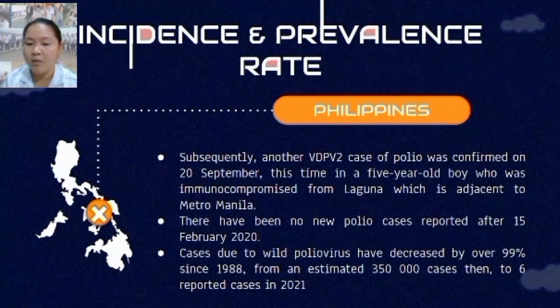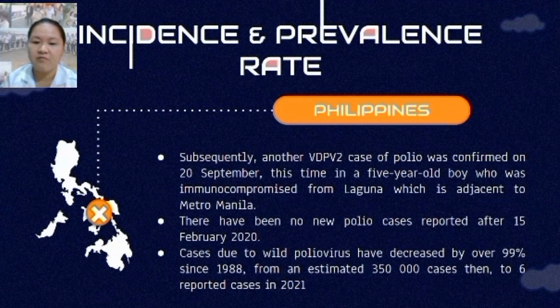With only one or two cases, of a 5-year-old and a 3-year-old, it did not become an outbreak. And there have been no new polio cases reported after 15 February 2020. So from there on, there have been no new cases. Now, cases due to wild poliovirus have decreased by over 99% since 1988.